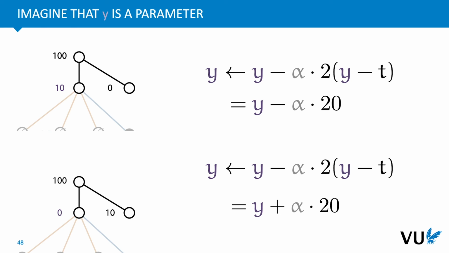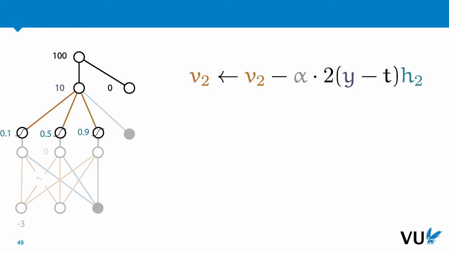So we can now work back down the network to the parameters we do actually control, like v2. Here's the update rule for v2 that we worked out earlier. To look at exactly what v2 does, let's look at how it combines the three different nodes in the hidden layer that the v parameters act on. Here we filled in some arbitrary values for the activations of the hidden nodes, h1, h2, and h3.